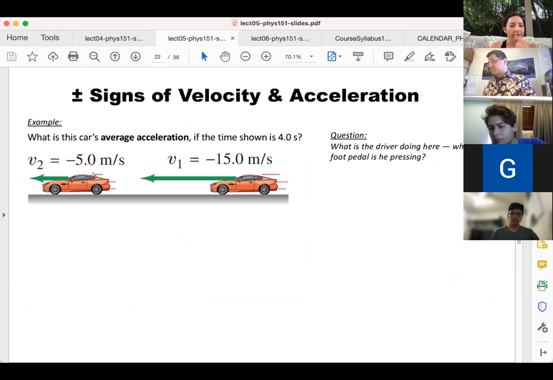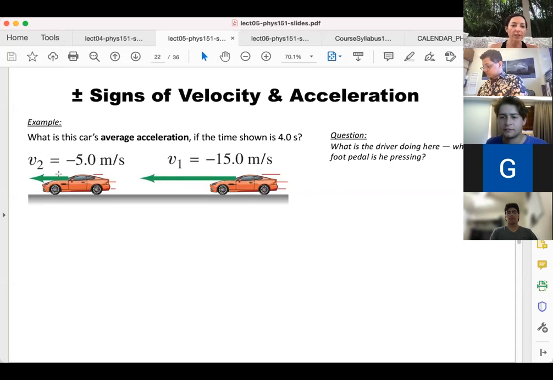So here we see V2 and V1. V1 is the initial one and is minus 15 meters per second. And then we have V2, the final velocity, which is minus 5. So it is going in the negative direction, and that's why it's negative. You see here, this is final because it's 2, and this is initial because it's 1.